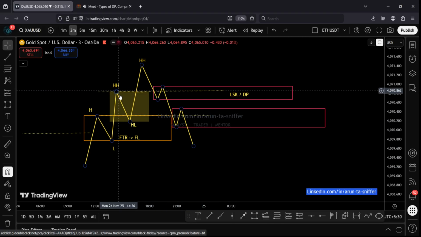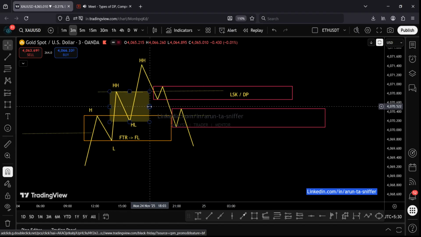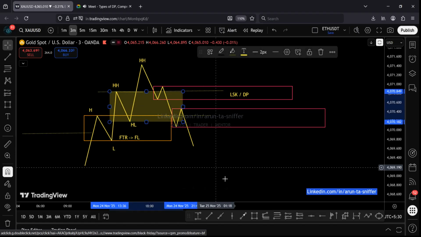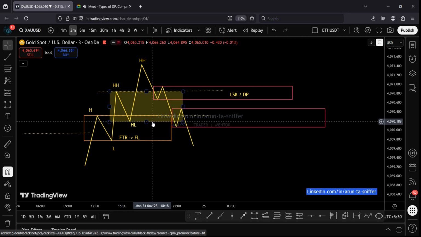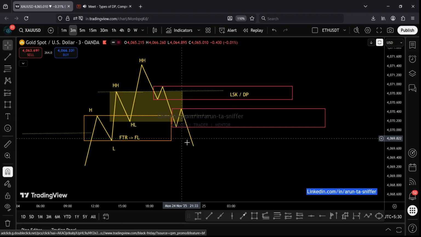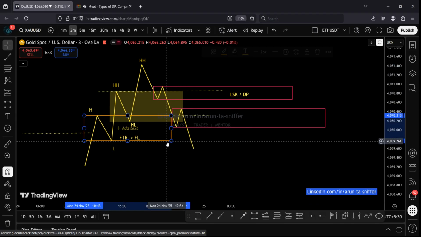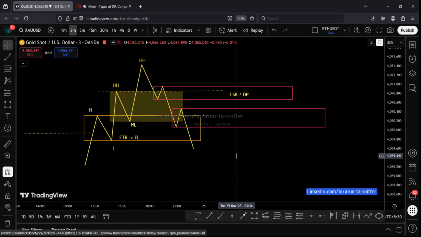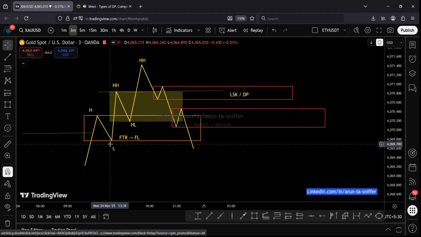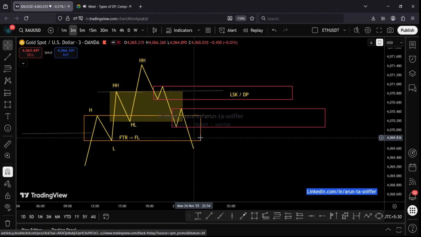Why this DP? This is where the decision was made to break this higher low level. And this one we call DP too. Why? The decision was made to break this low level.